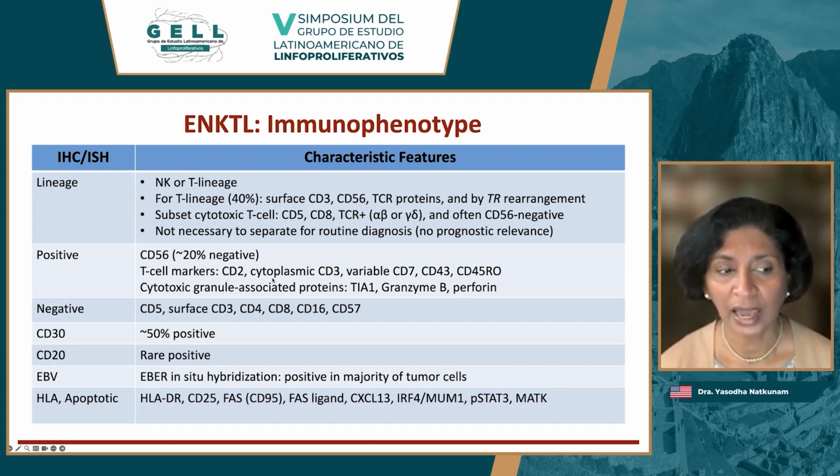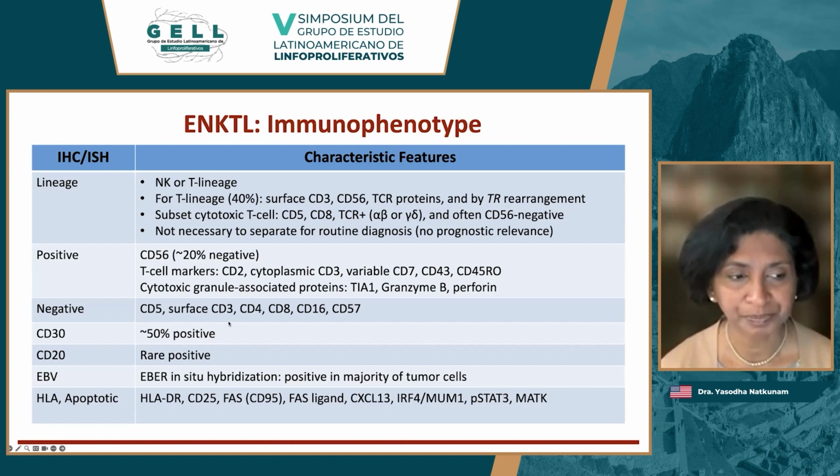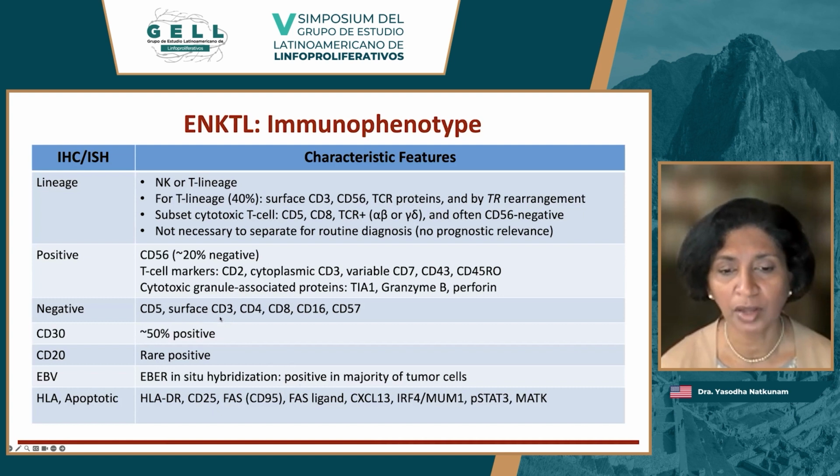These usually will lack CD5 in the majority, but as I have already told you, the T-cell subtypes may actually have CD5 expression as well. So the typical extranodal NK T-cell lymphoma of the NK phenotype actually lacks CD5, but it can be positive or negative for these markers.